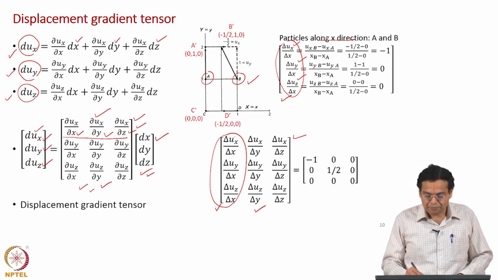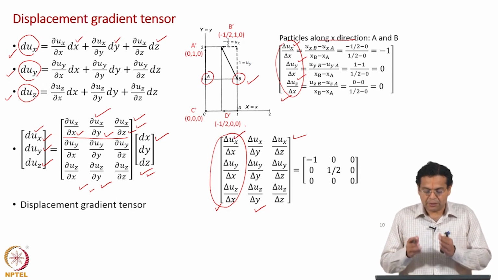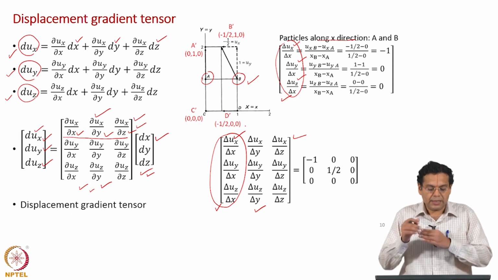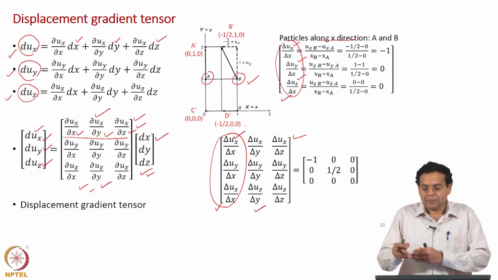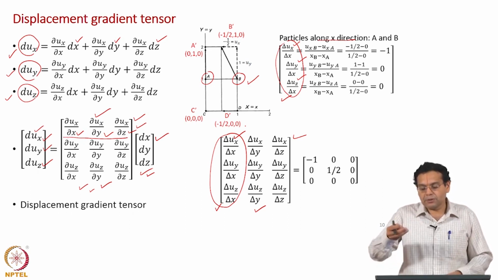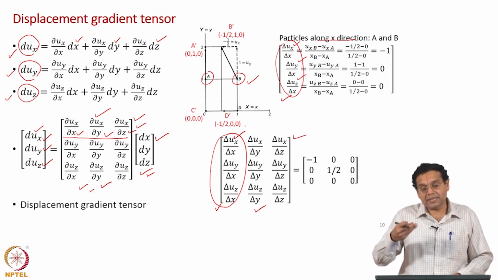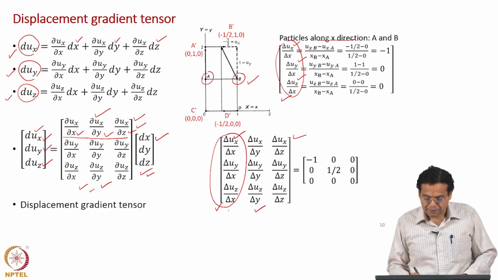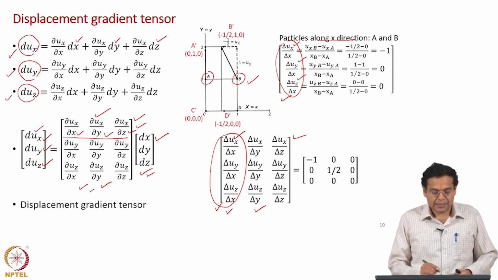That is why we wrote them, collected them and wrote as a column rather than a row. So, one row belongs to a displacement in one direction, but when we wrote from here we took difference in displacement along 3 different directions considering particles along one direction. That is why we collected and wrote them as a column rather than a row.